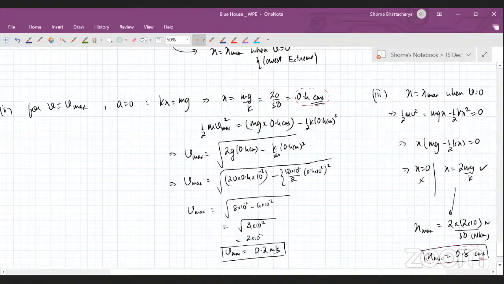Now that is not surprising at all because it's an oscillation. So there is symmetry. So if this was your x equal to 0, this is x equal to 0.4, this is your equilibrium position or mean position, and this is your x equal to 0.8. This is again the extreme position.